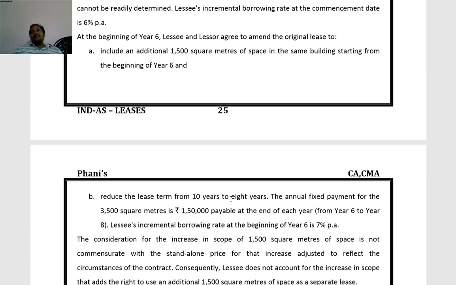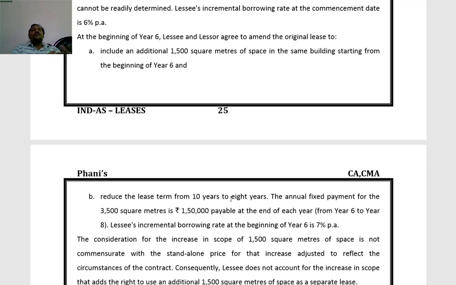Here there is an increase in scope, but sufficient or commensurate consideration increase is not there. We need not treat it as a separate lease. Then we have to calculate.